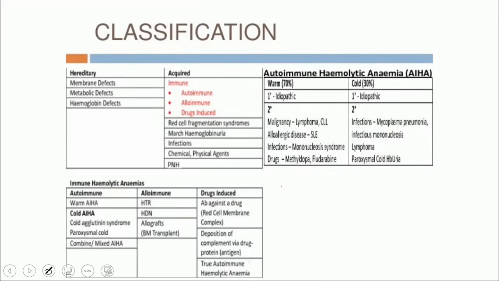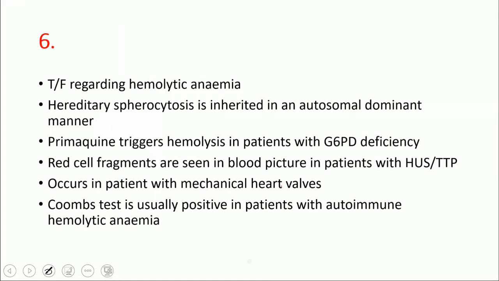And then you have a series of other non-immune hemolytic anemias, like fragmentation syndromes, which we'll talk about in an MCQ. So this is a rough classification, right? So this first MCQ is just asking you a few details about these types of hemolytic anemia, right?